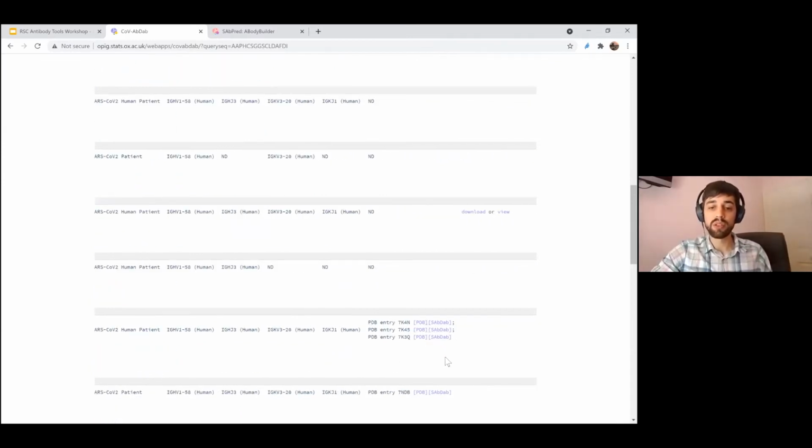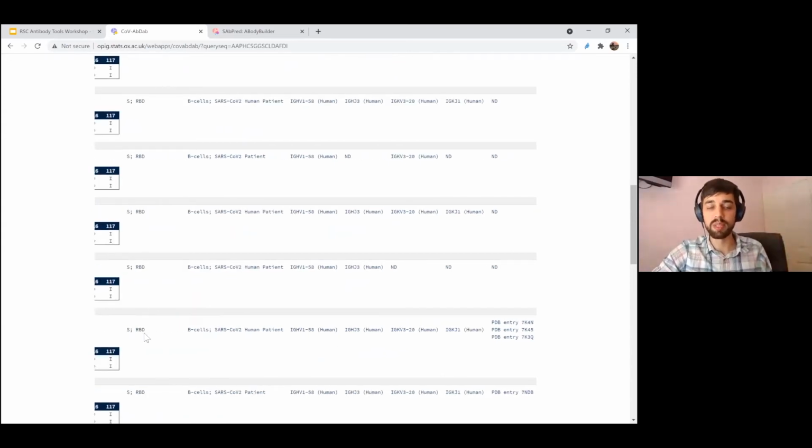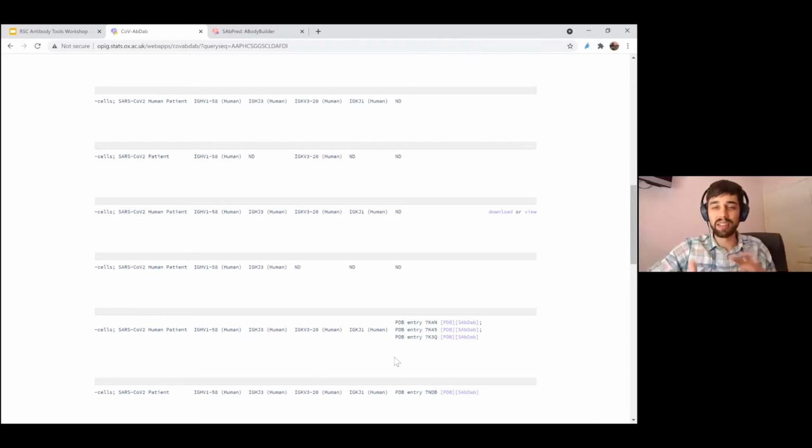The nice thing about solved structures is it might not just tell us about the structure of the antibody itself, but how the antibody talks to the virus. We know it probably binds in the receptor binding domain, but we might not know molecular details or how it really fits into it. So this information would be really useful for guiding docking studies or for trying to understand which bits of the sequence must be kept convergent.